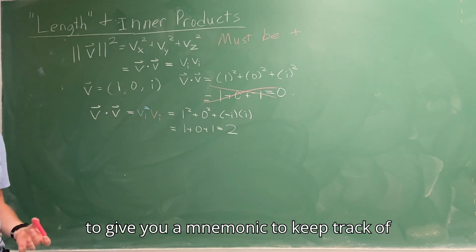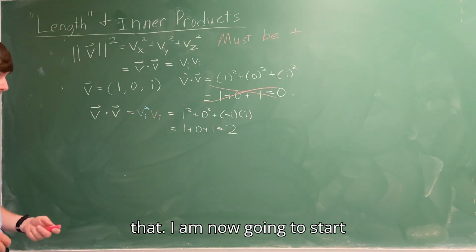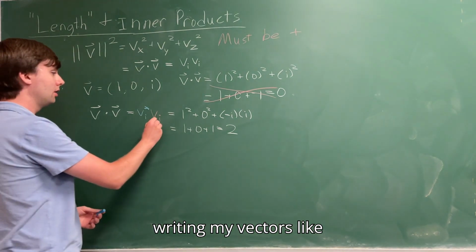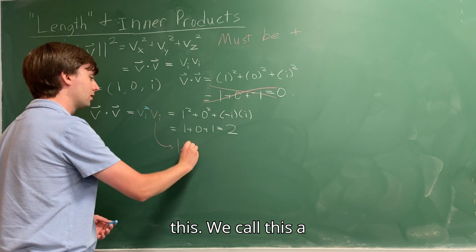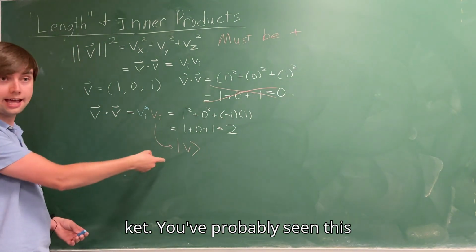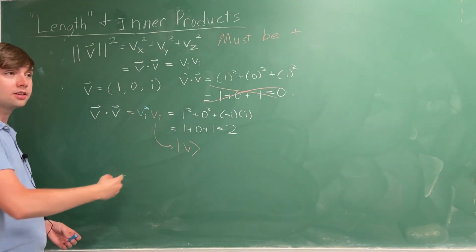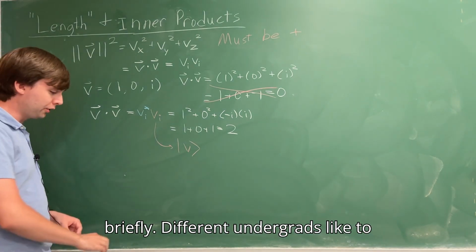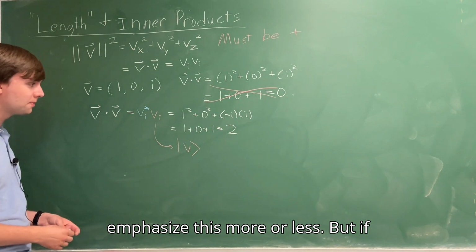So I'm going to give you a mnemonic to keep track of that. I am now going to start writing my vectors like this. We call this a ket. You've probably seen this in undergrad quantum mechanics, if only briefly. Different undergrads like to emphasize this more or less.